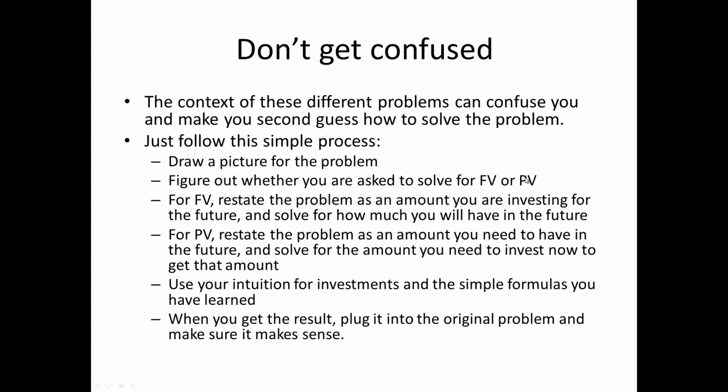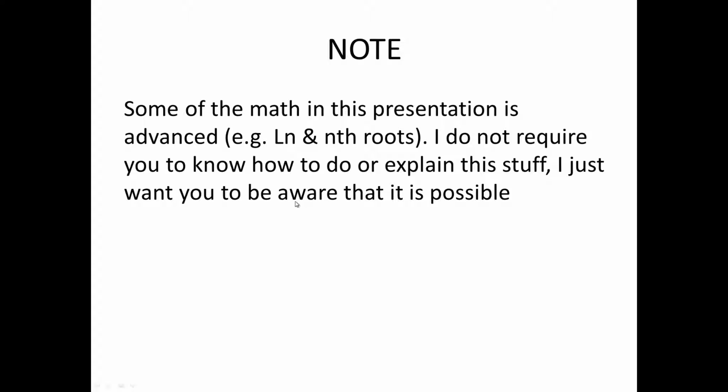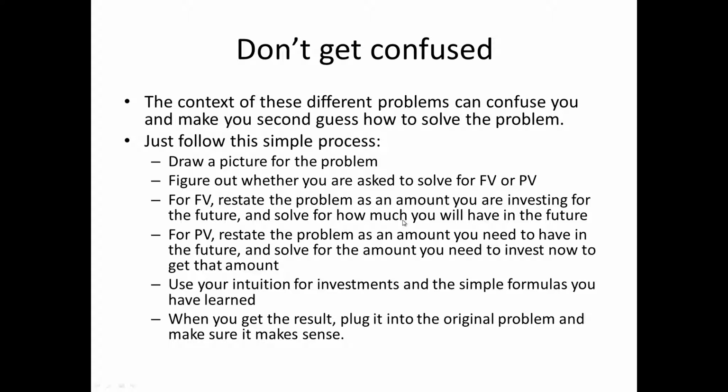Or do we know the present value and we need to solve the future value? So just figure that out, okay? If it's a future value problem, just take the facts and restate them as a problem where you're investing an amount for the future and solve for how much you'll have in the future. So use the intuitive way of thinking about future value that we've already learned.